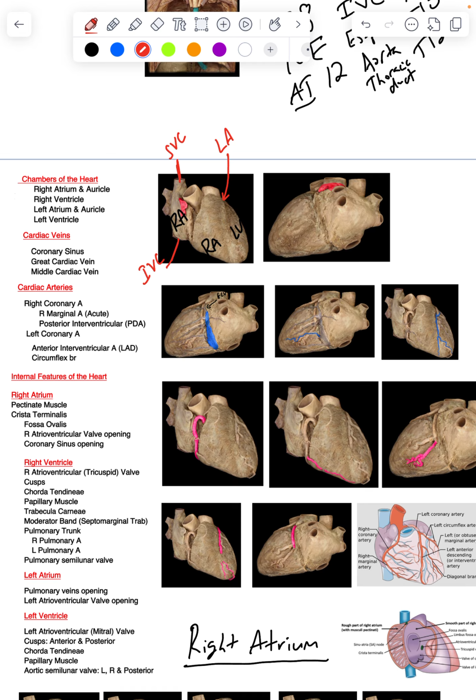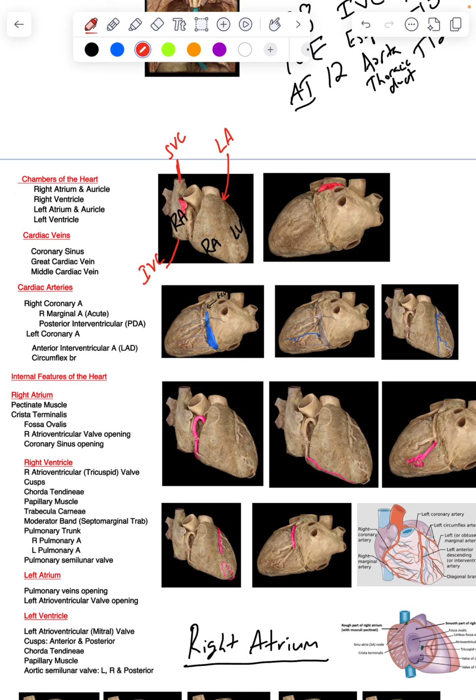And then you also have something within the right atrium called an opening of the coronary sinus. And that brings blood back that was going around the heart. So your heart brings in blood and pumps it to the rest of the body, but it also needs its own system.